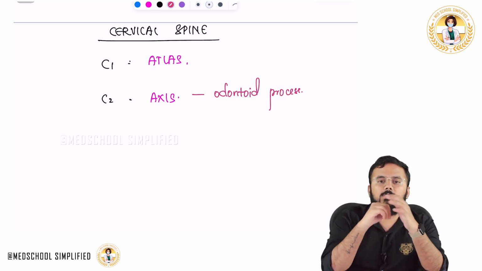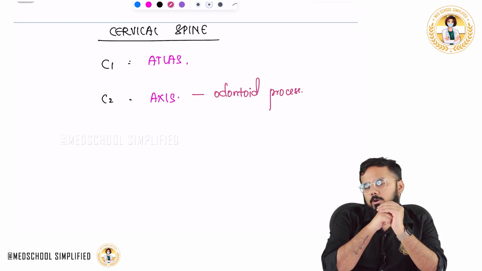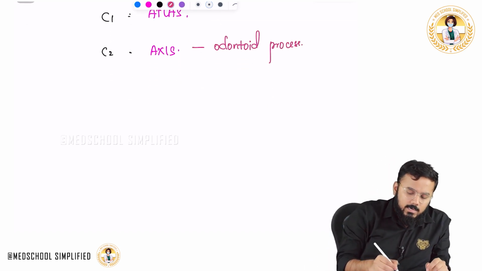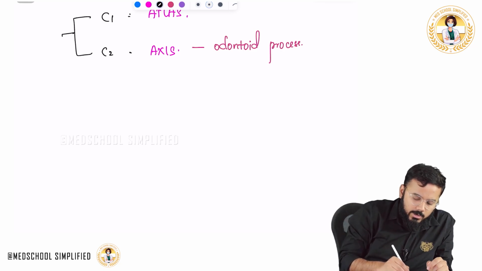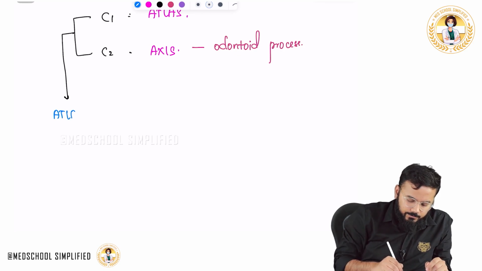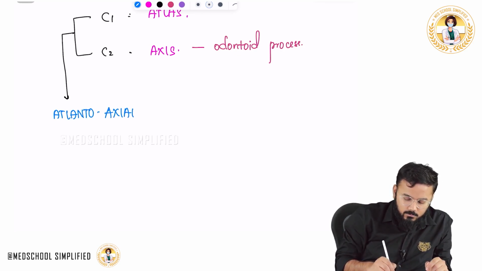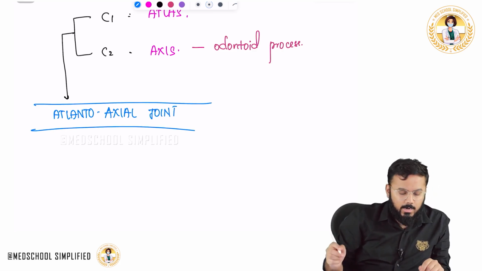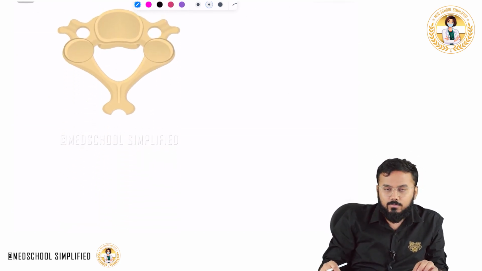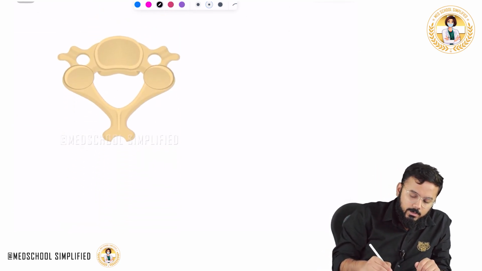This is done by this particular joint, the atlanto-axial joint. Atlas and axis together form a joint, and that joint is called the atlanto-axial joint.